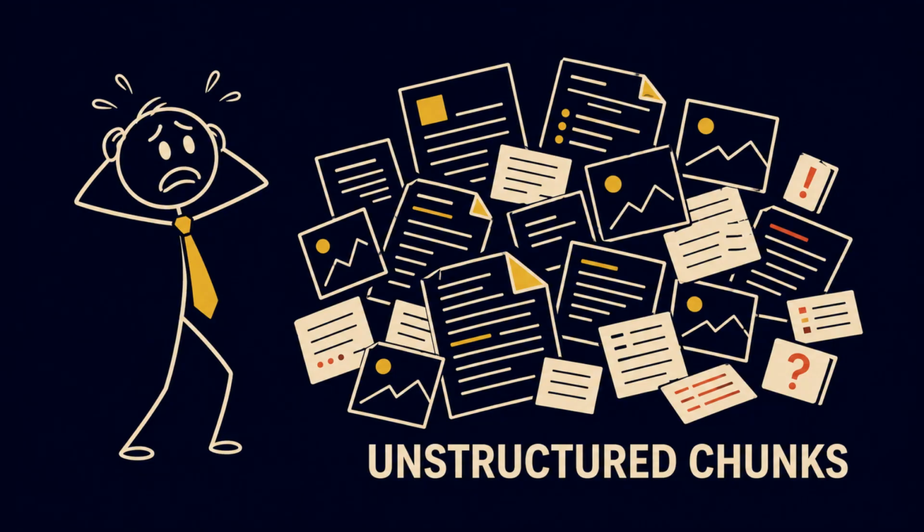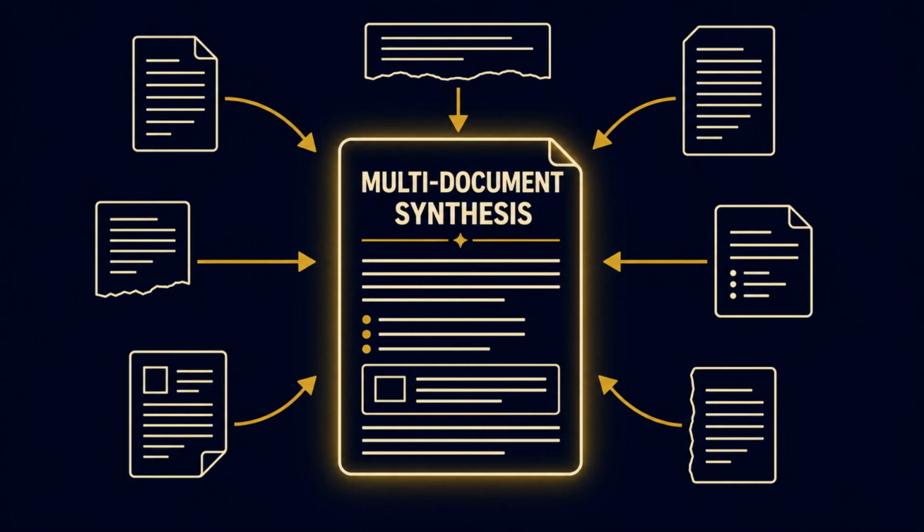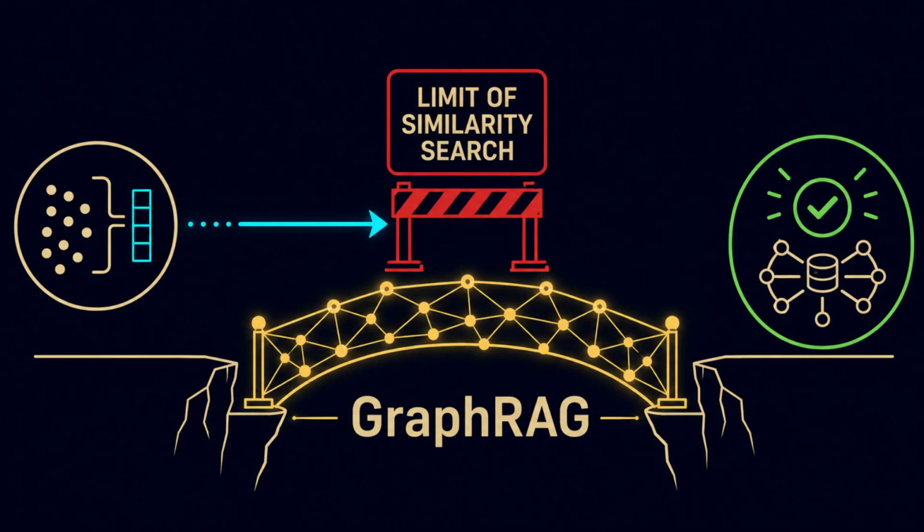It's the difference between flipping through a pile of loose photos versus having an actual family tree in front of you. GraphRAG shines on questions that need synthesis across many documents, where the answer never sits whole in any single chunk, which is exactly where plain similarity search structurally runs out of road, no matter how good your embeddings are.